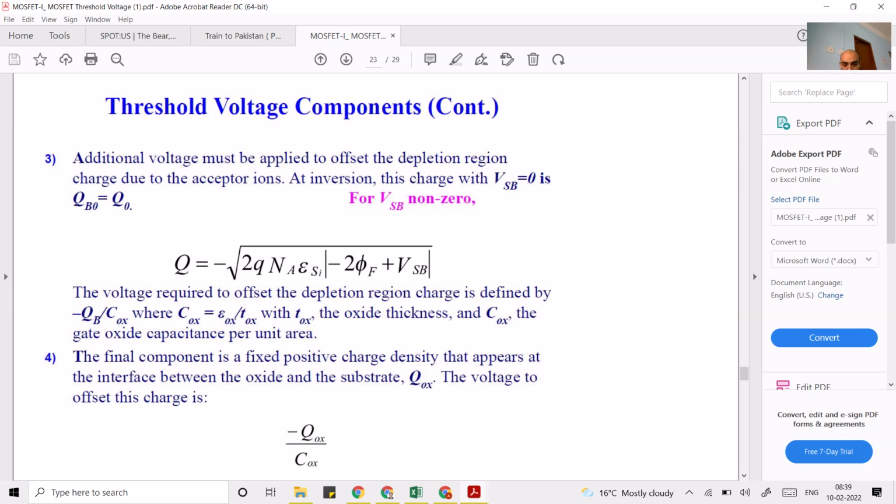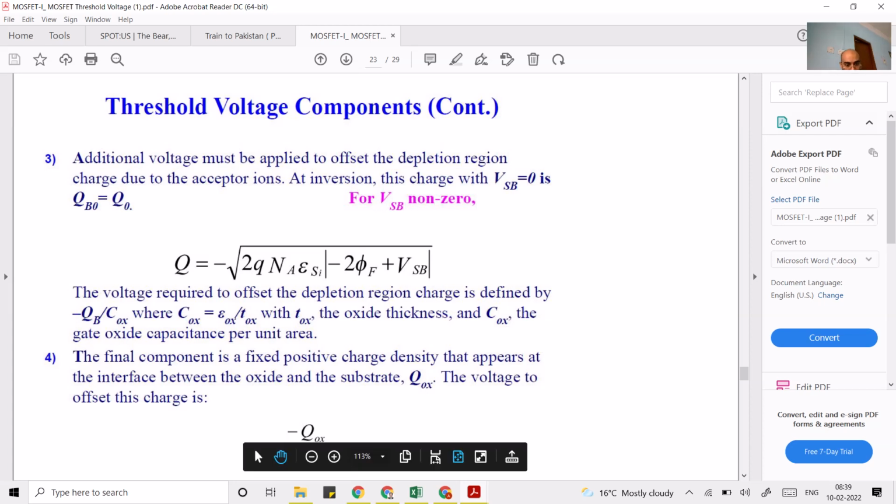The reason for that is that there are some trapped charges in the oxide and substrate interface. The oxide-substrate interface holds some positive charges in between, and we have to offset that as well. To offset that, we require a voltage corresponding to the trapped charges.